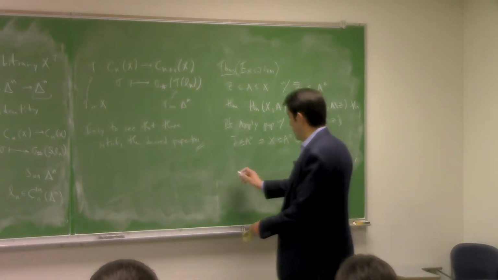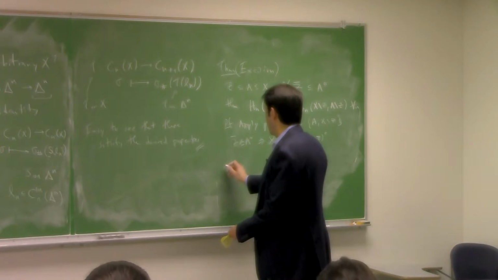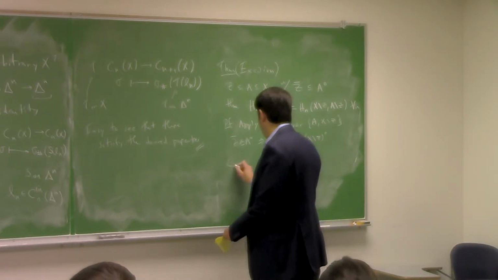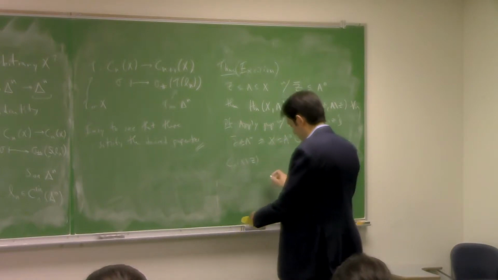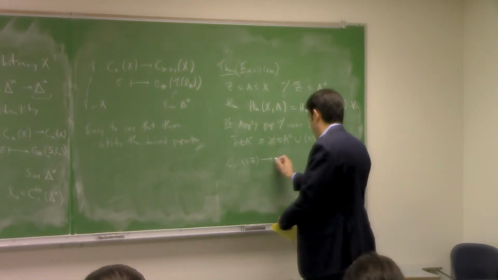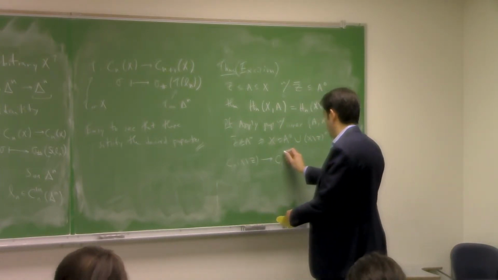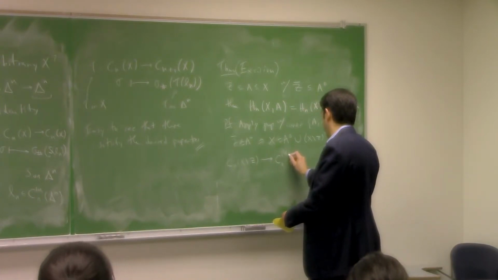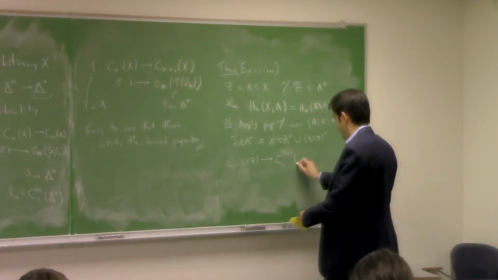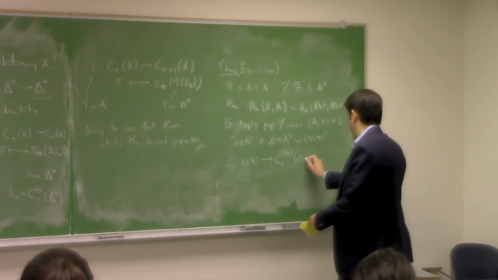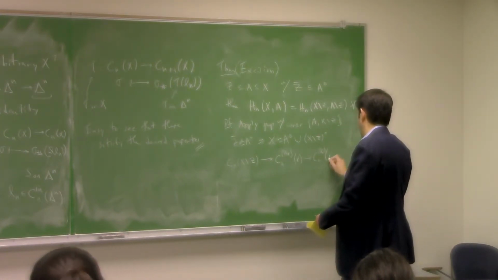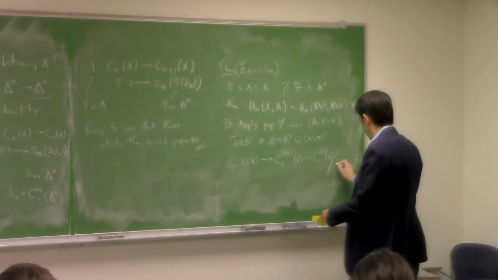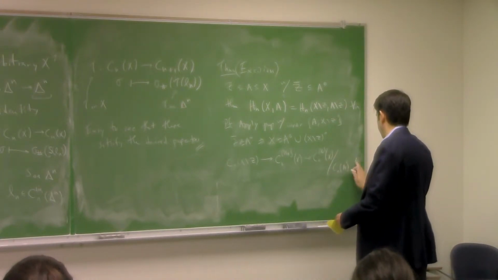Okay, so at the level of chains, we have the following. The chains in X minus Z map into the chains that correspond to this cover, which then map to the quotient by CNA.